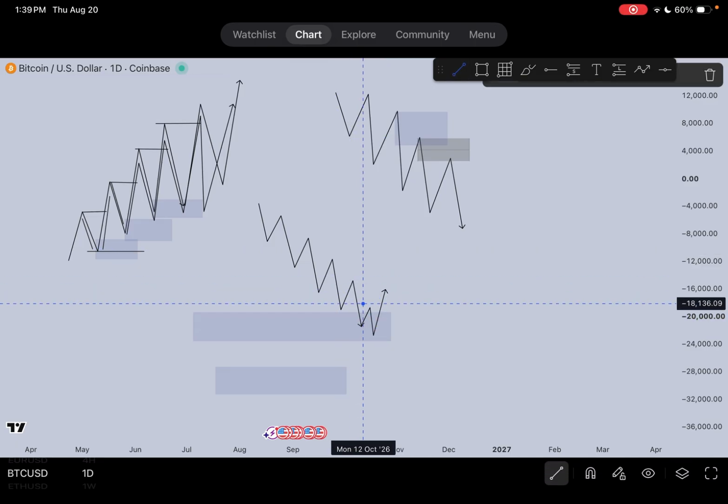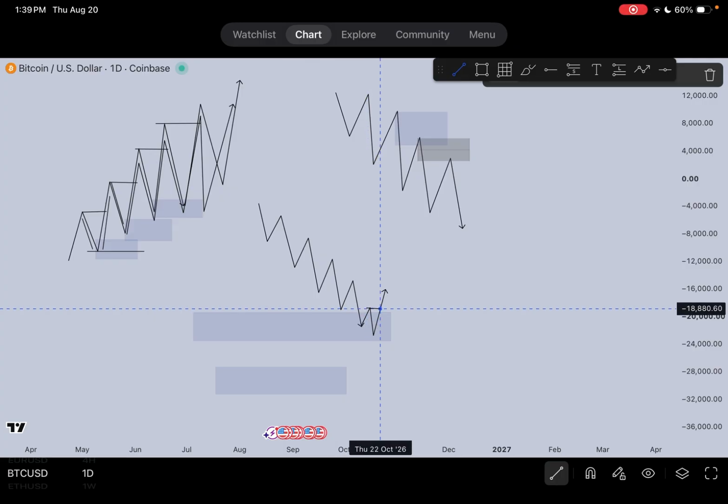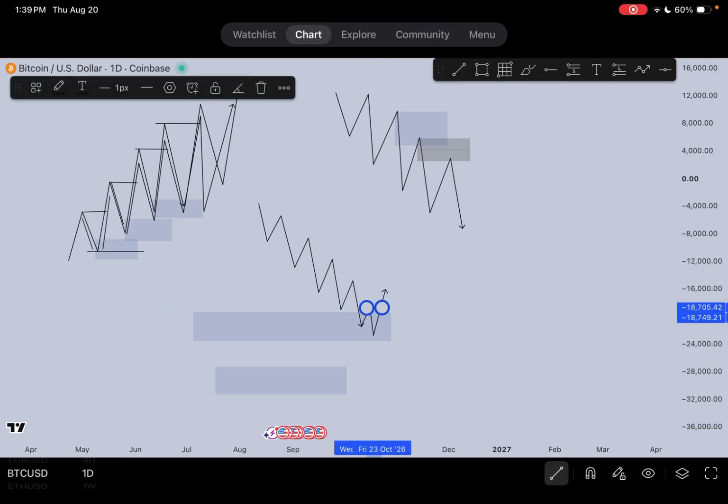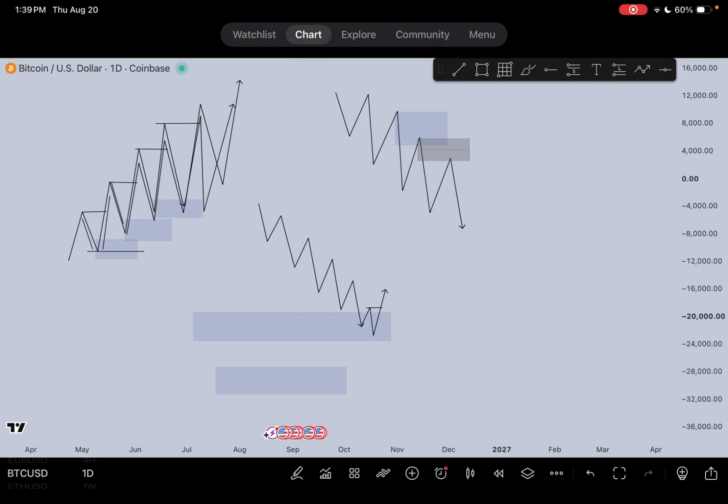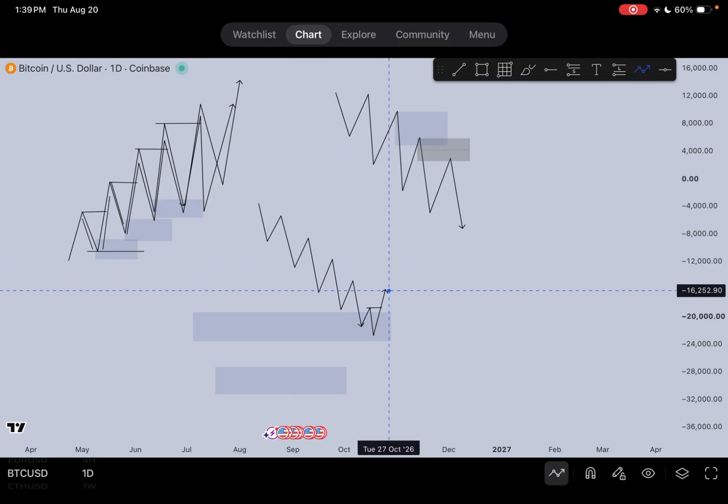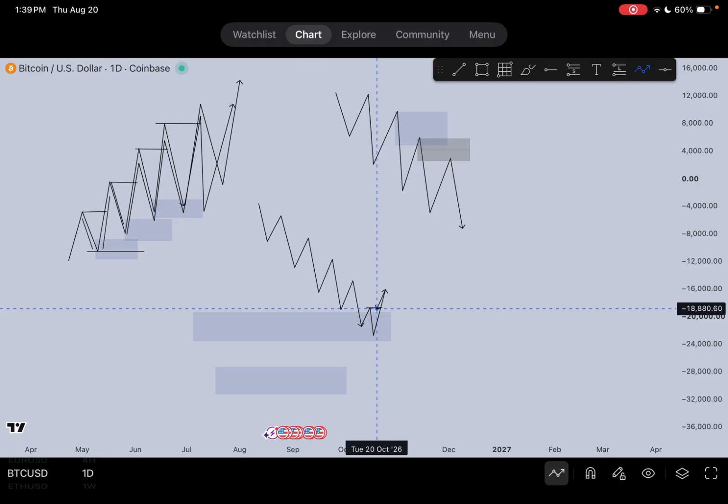Once we get that MSS, we know that the buyers are back into the trade. We mark out that zone as our MSS. What we expect to see is a pullback, which is an inducement. If the pullback mitigates the breaker block that caused the MSS, automatically we cannot use that zone to buy the market.